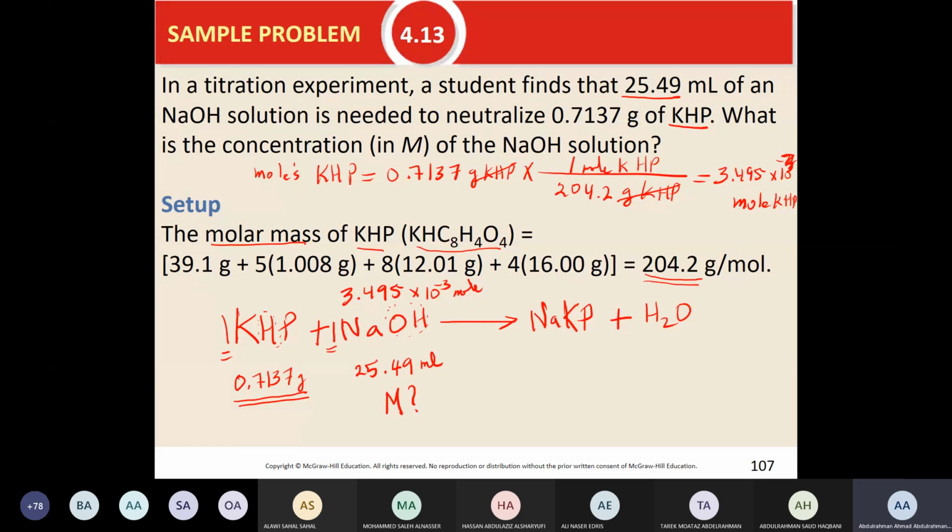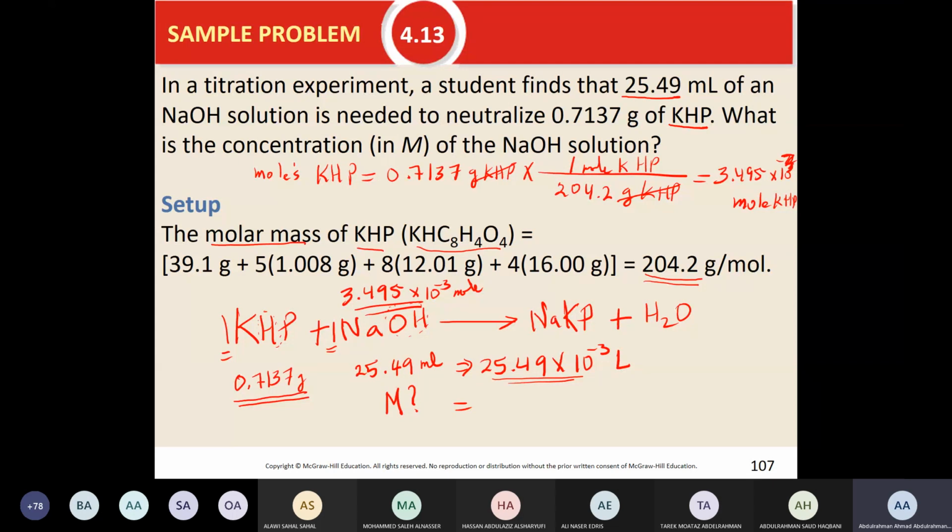If I know the volume, which I will change to liter, so it's 25.49 times 10 to the power minus 3 liter NaOH, then can you find the molarity? Divide the mole over the volume. Exactly. Divide the moles by the liters.